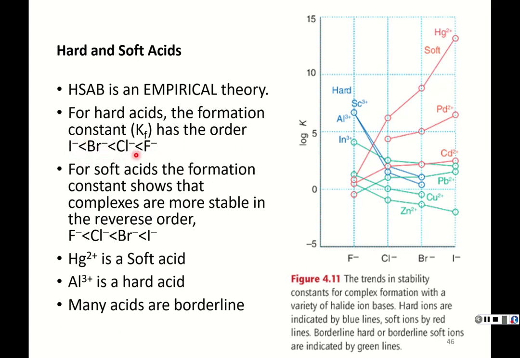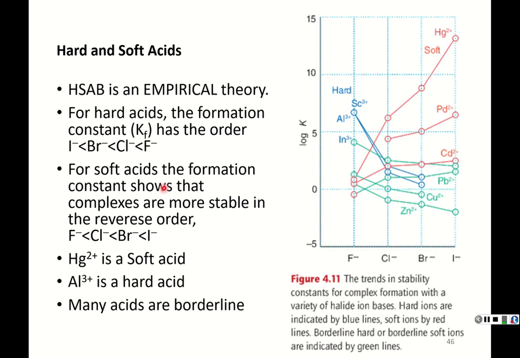So the formation constant for hard acids is going up as you go up a group. Okay, and for soft acids, the formation constant shows that complexes are more stable in the reverse order. So the formation constant is getting bigger as you go down that halogen group, right?